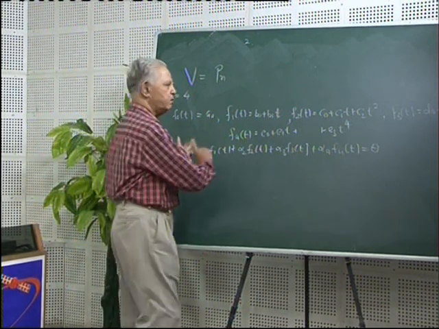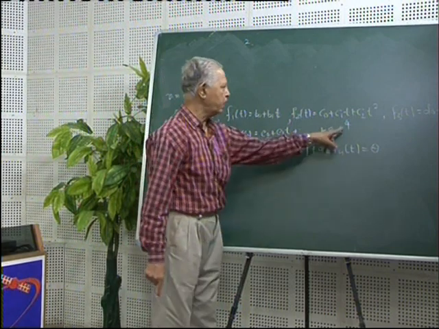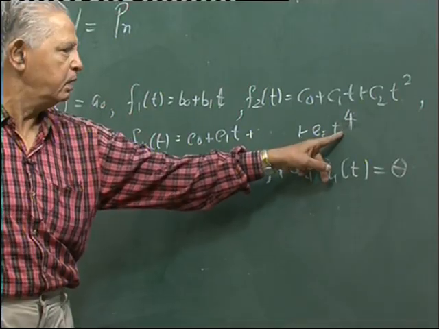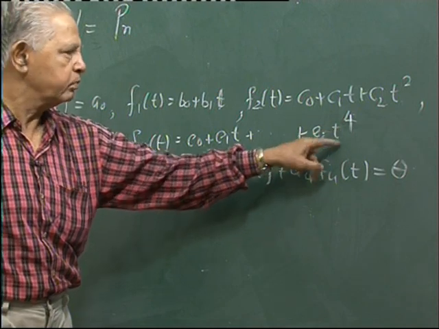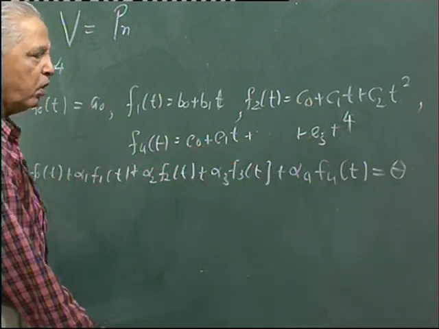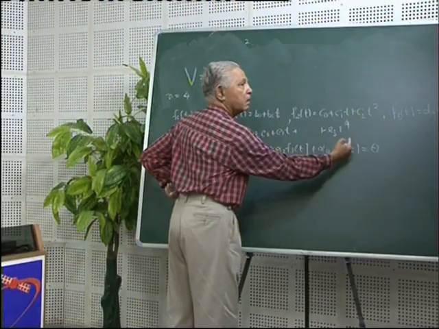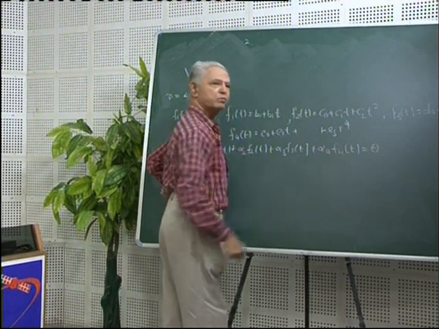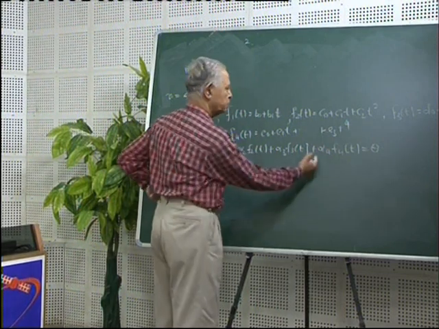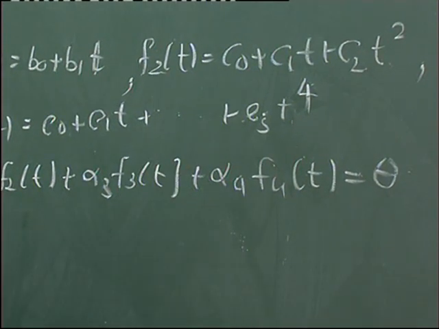So, comparing on both sides the terms of degree 4, only one polynomial has degree 4 and its coefficient is e4, and so this must be 0, that means alpha 4 must be 0.